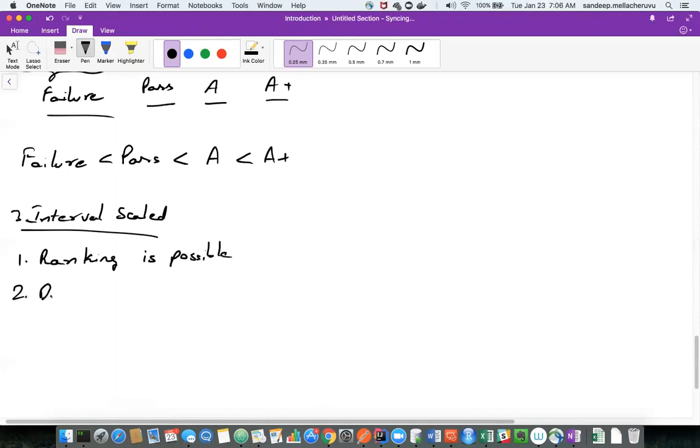Second thing is the difference between two interval scaled values is meaningful.